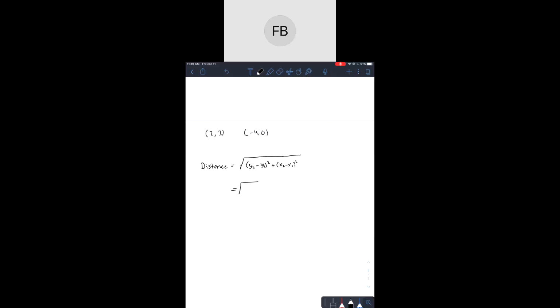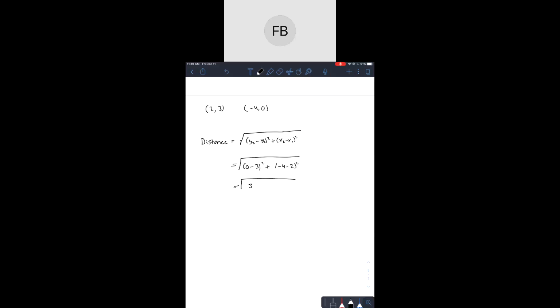So y2 is 0, y1 is 3, oops, so 0 minus 3 squared plus -4 minus 2 squared. And so we work through that. This is just 0 minus 3 is -3 squared, and -3 squared is going to be positive because you're multiplying two -3's by each other.